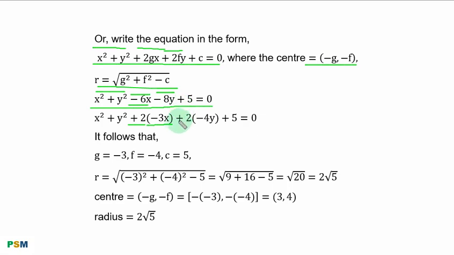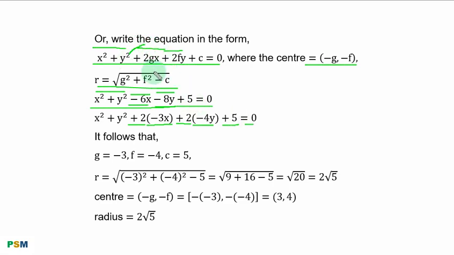You start with plus 2 in order to have minus 8y in return. You multiply plus 2 by minus 4y, plus 5, which is the value of c, equal to 0.